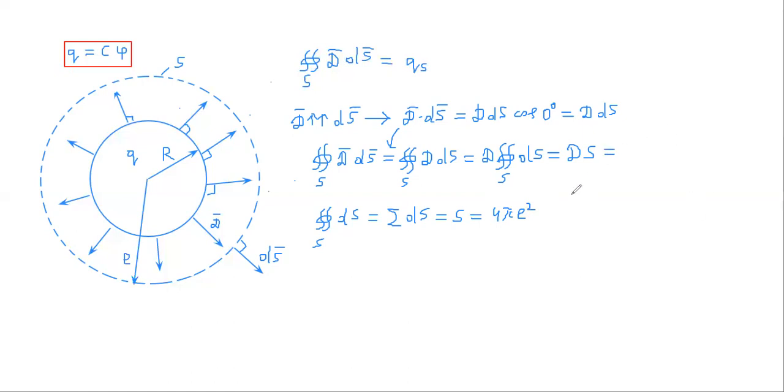So here we have 4 pi L squared multiplied by D.